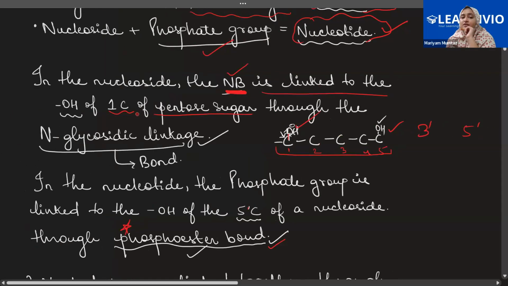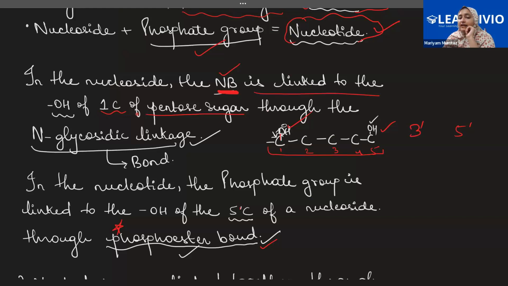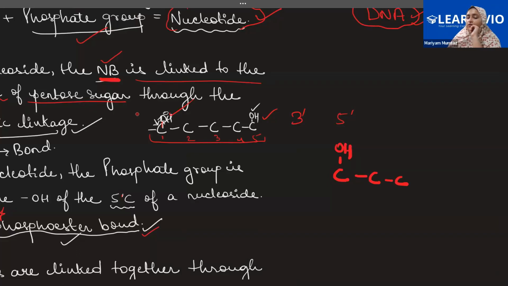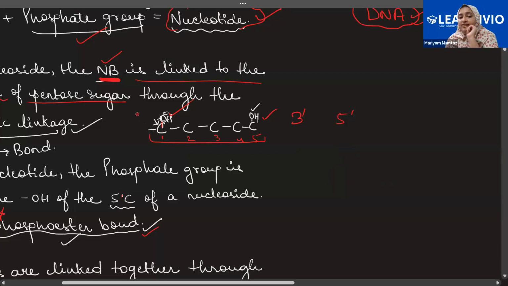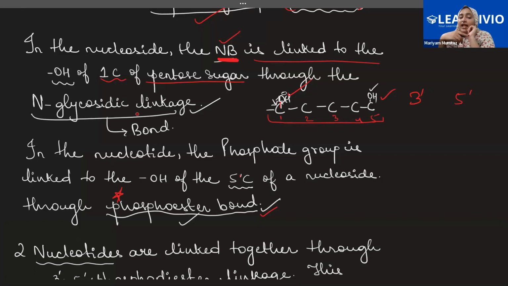The nitrogenous base is linked onto the first carbon of the sugar through a bond known as the N-glycosidic linkage. The first carbon already has a hydroxyl group, the nitrogenous base links to it, and the bond formed is the N-glycosidic bond.